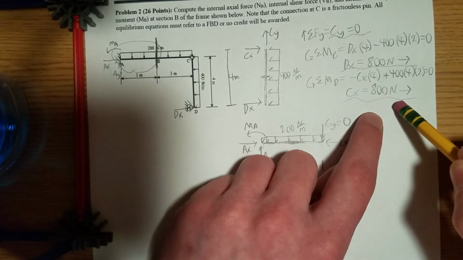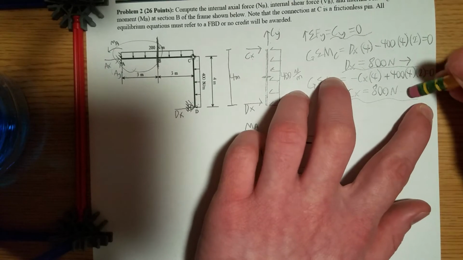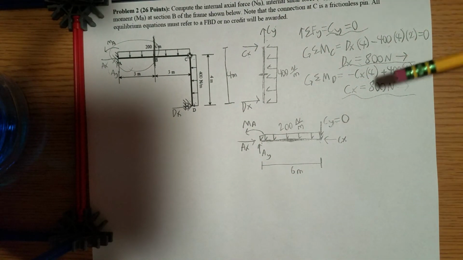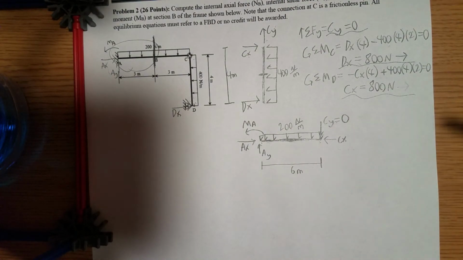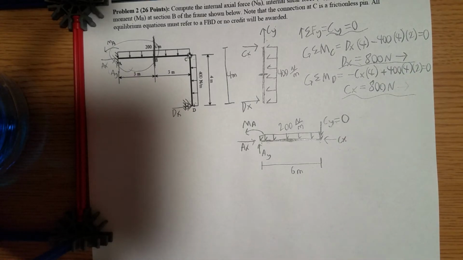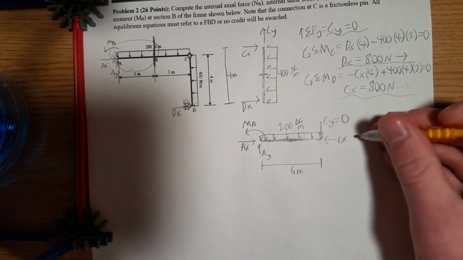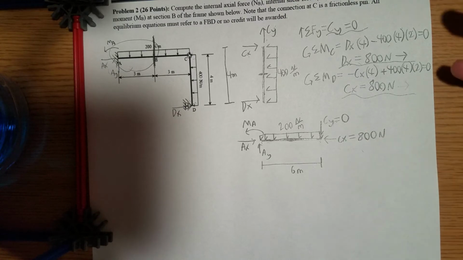Ultimately, for internal forces like hinges and stuff like that, I just like to leave them positive, just to say, yes, I drew it correctly here. Because if I say it's going to the right here, it would actually be going to the left down here. So if I were to report it as going to the right up here, it might get kind of confusing when we get down here. So I'm just going to leave it as positive, meaning that whatever direction we draw it in, that's the correct direction. And that's going to be equal to 800 newtons.